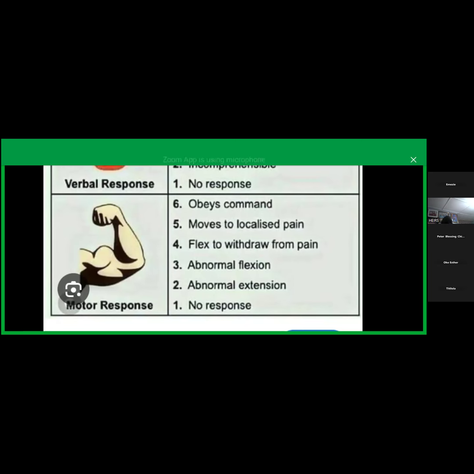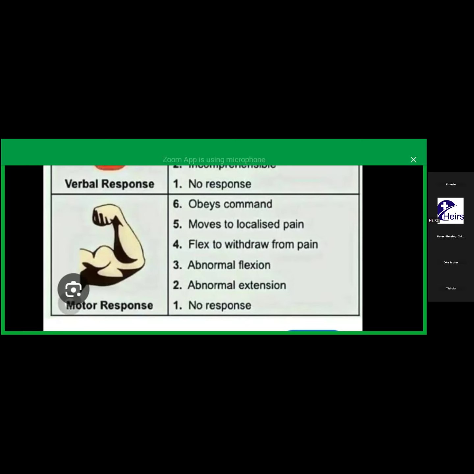So how do we calculate it? We have 3 for eye opening. We have 4 for best verbal response. So it will be 3 plus 4. So we now have plus 5.